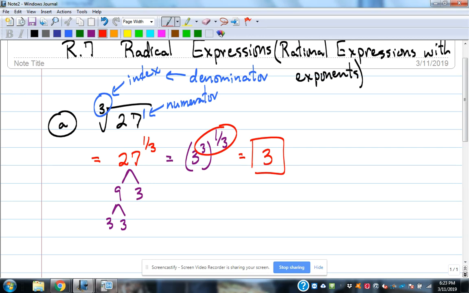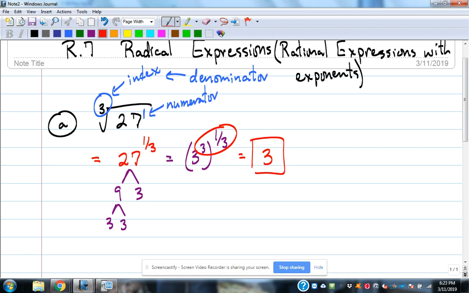What that does for you is it classifies anything with a radical on it as an exponent part of the problem. So in order of operations, square roots come before multiplication and division because they're exponents. That's the reason they come first.